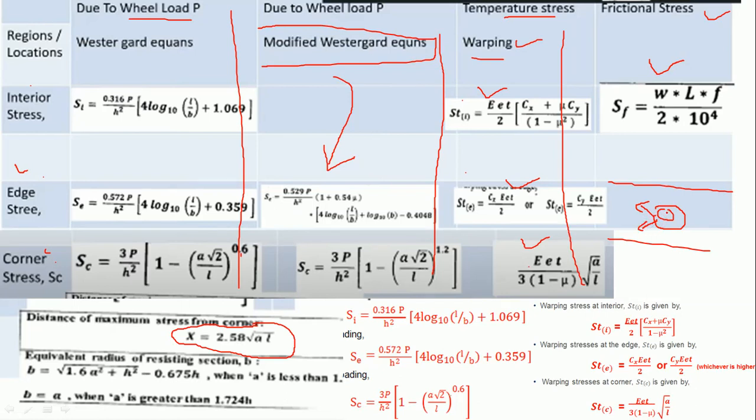So what is that spacing? X is equal to 2.58 times a times l, where l is the radius of relative stiffness. This slide consists of the different formulas used in finding the stresses. These are the same things I have shown: this is the wheel load stress formulas and this is the warping stress formulas.